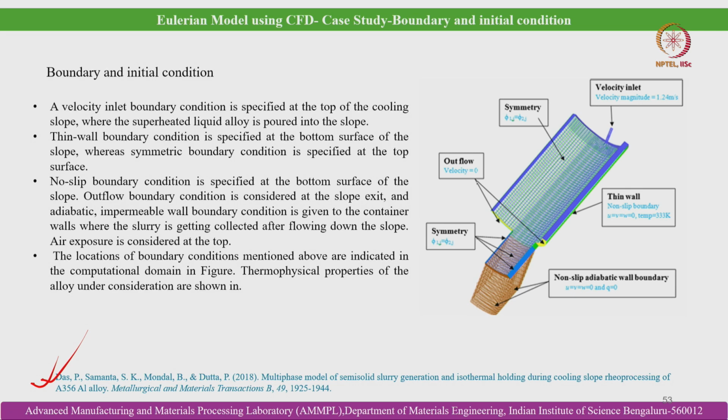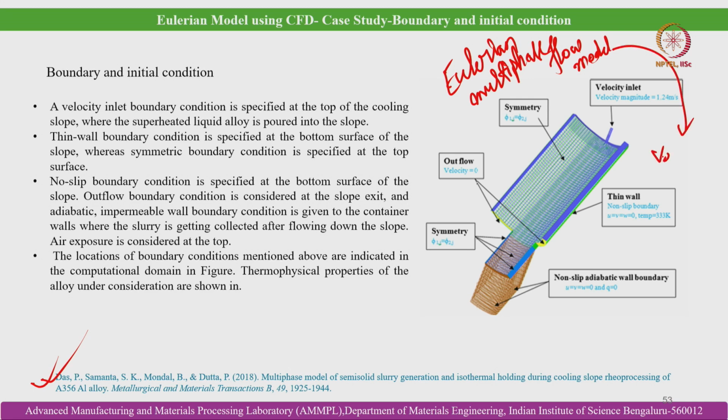It works on the principles of the volume averaging technique, where each of the phases shares the same pressure field and they act like interpenetrating continua. This is the basic concept of the Eulerian multi-phase flow model.